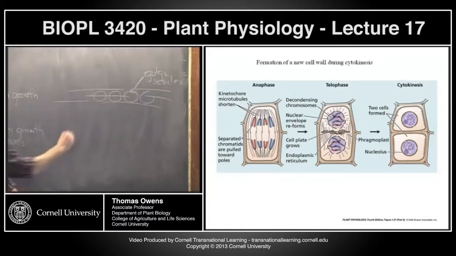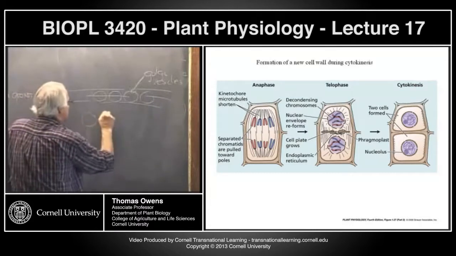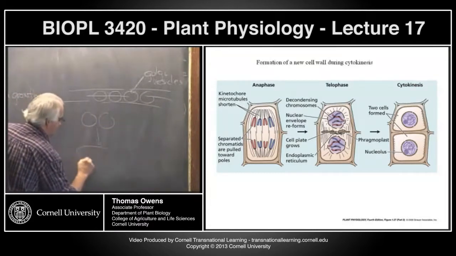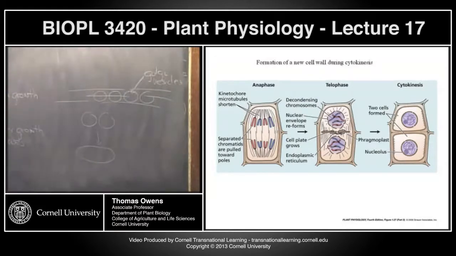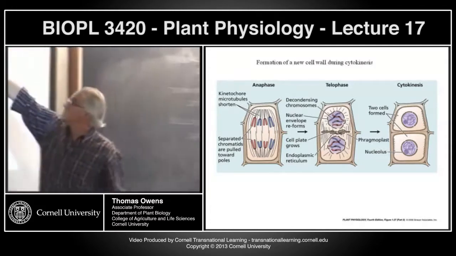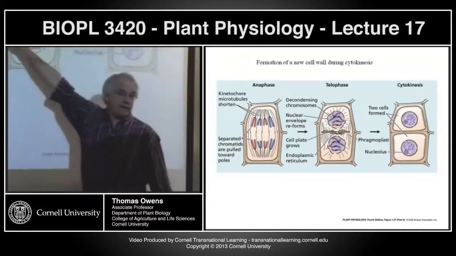And these vesicles, here are two vesicles, what happens is they fuse, forming larger and larger vesicles. And eventually, this larger vesicle fuses with the plasma membrane on either side of the cell.